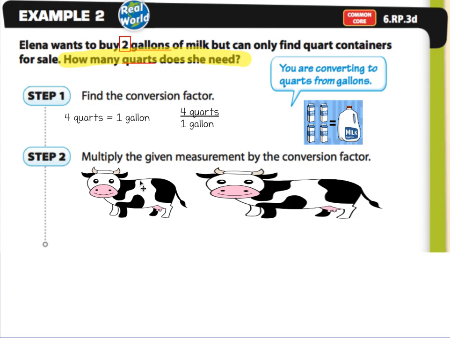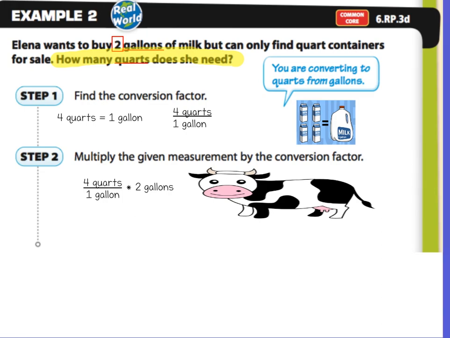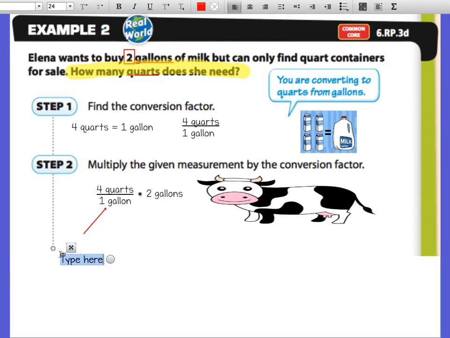Now I'm actually going to set this up as a multiplication problem. Okay, so in this case, I have 4 quarts and I'm going to multiply that by the 2 gallons that Elena needs. So here's my multiplication problem. I have my conversion factor. So again, this is my actual conversion factor, the 4 quarts per 1 gallon.